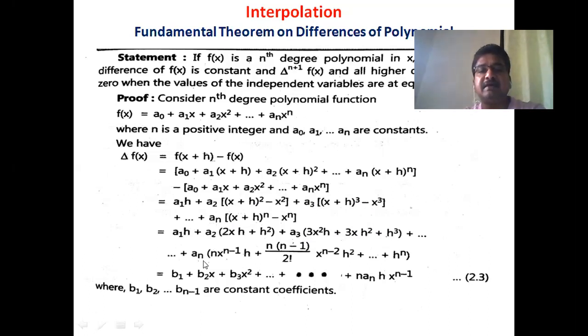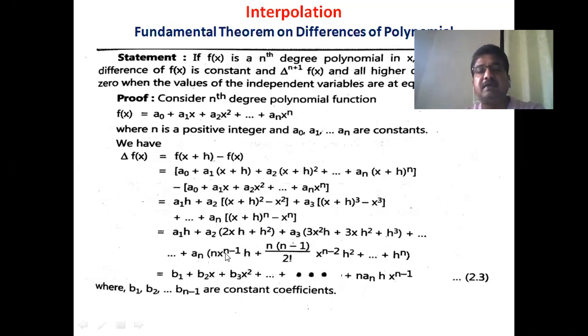Similarly, for this an term, the expansion of (x+h)^n by using the binomial theorem is what? The first term is x^n, and x^n − x^n becomes 0, and the next term is n x^(n−1) times h. The next term is n(n−1)/2! x^(n−2) h².